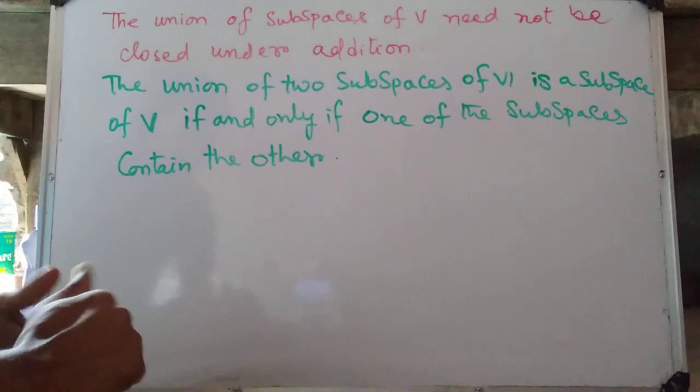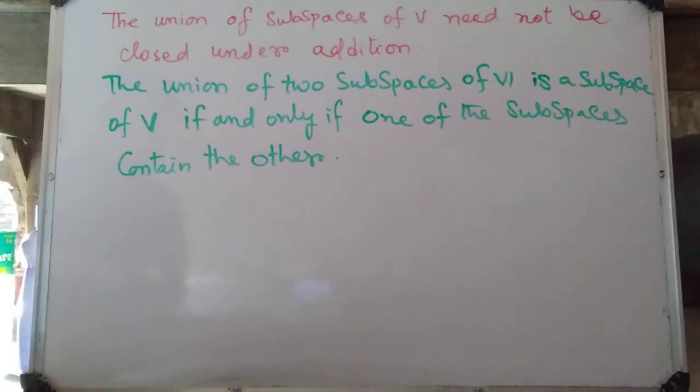Then two subspaces W1 and W2, to obtain a subspace that contains both W1 and W2.